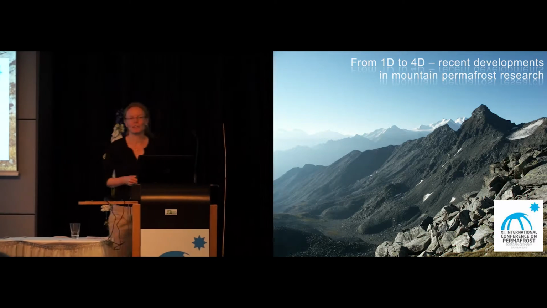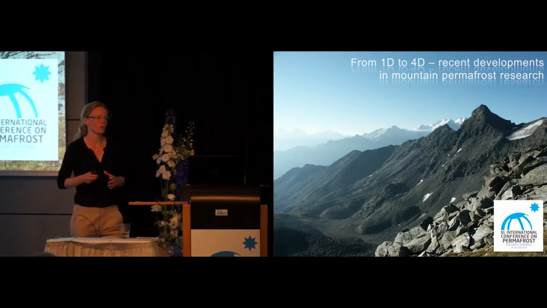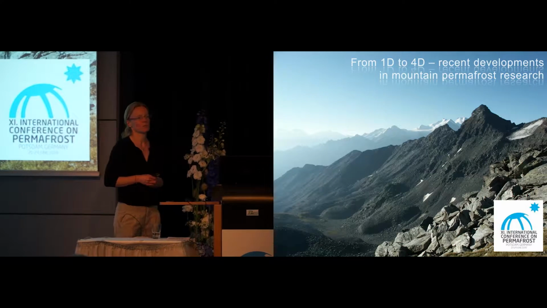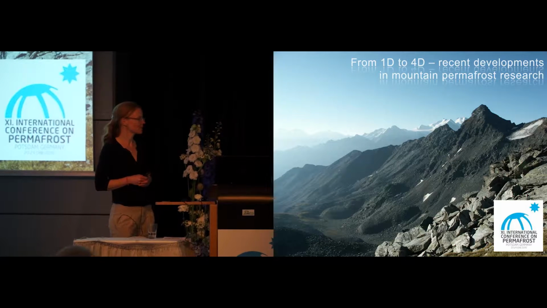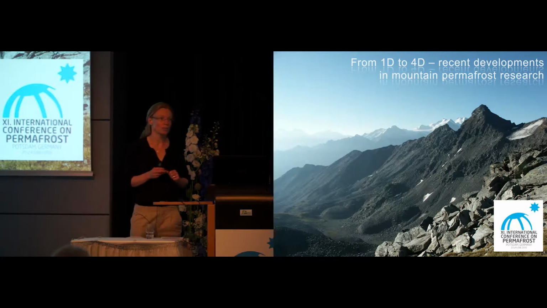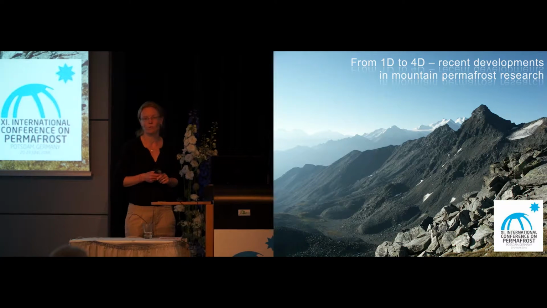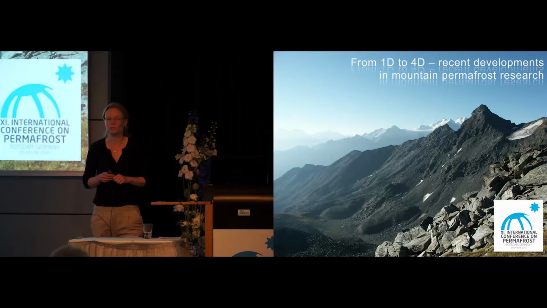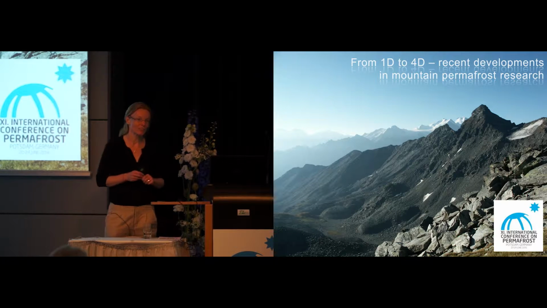I was asked to give an overview of recent developments in mountain permafrost research. And actually I wanted to start with a number: how much permafrost is out there in permafrost regions? This is not so easy, as we also learned from the publications by Stefan Gruber. It depends very much on the definition of what is a mountain.